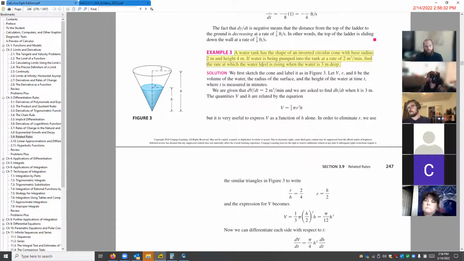And they want to know the rate at which the water level is rising at the moment when the water is 3 meters deep. So I will get the important parts of this written down. Do it together. This might be the first time we have to use similar triangles in this class, so it's another geometry thing.